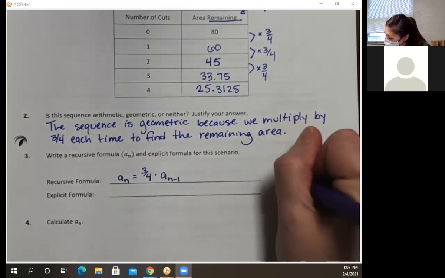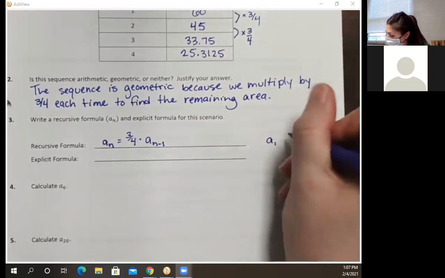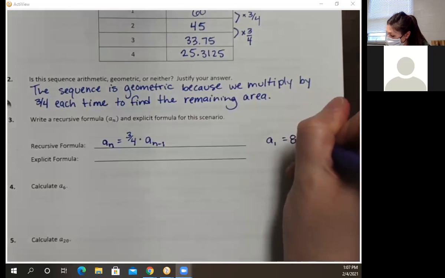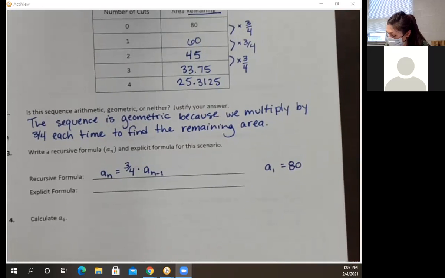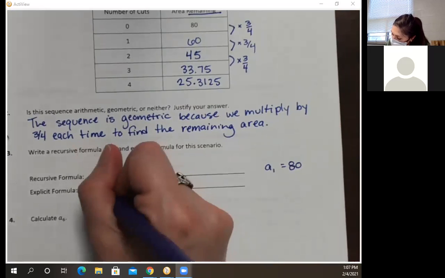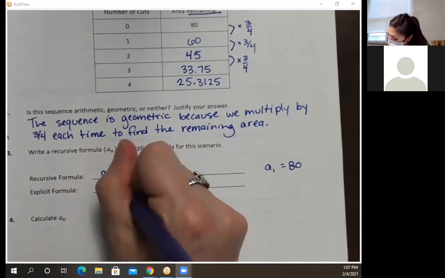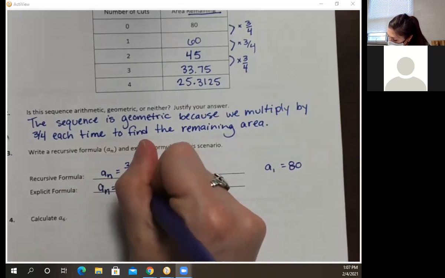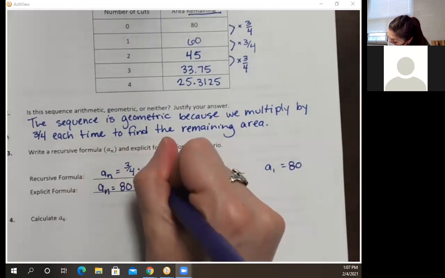So again, I'm going to use the first term in our sequence, which is 80 here. And then my explicit formula would be a sub n equals 80 times 3/4 to the n minus 1.